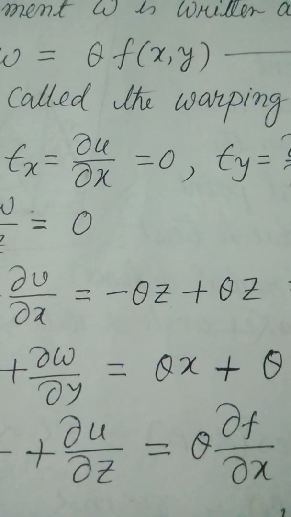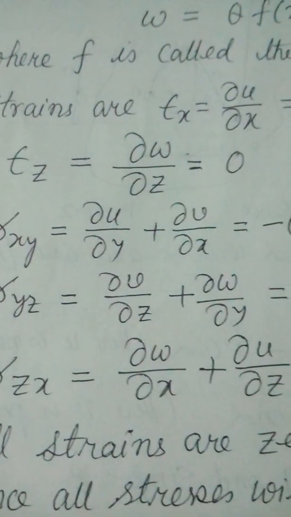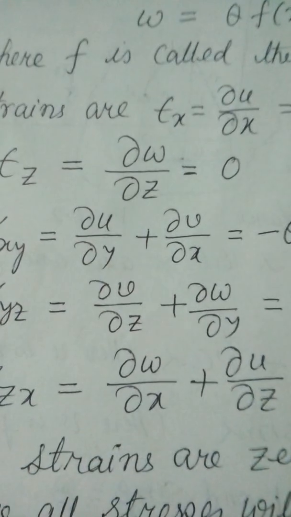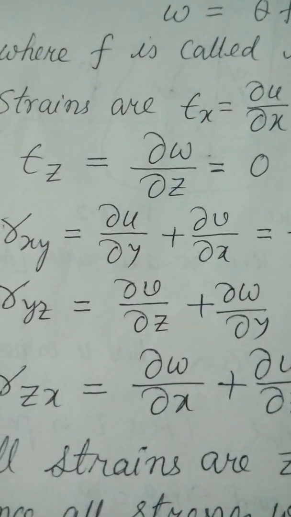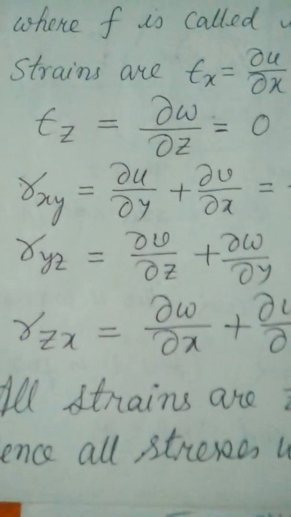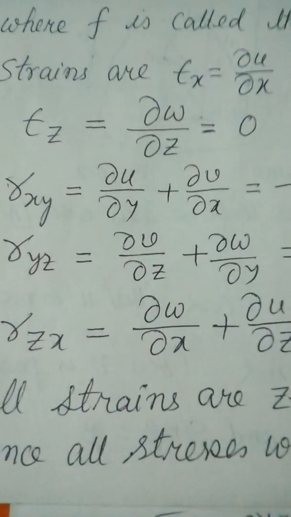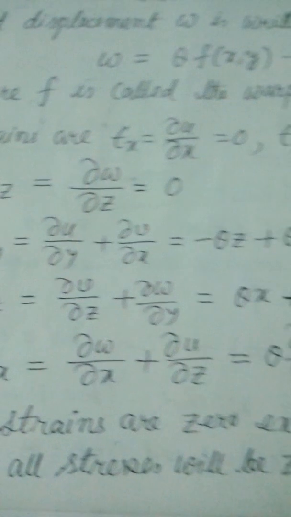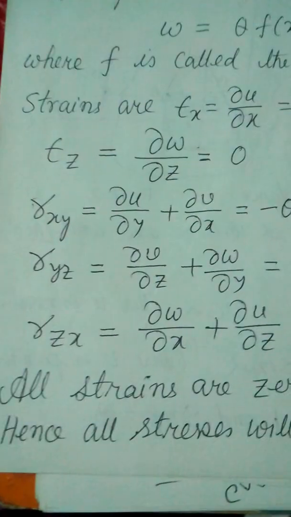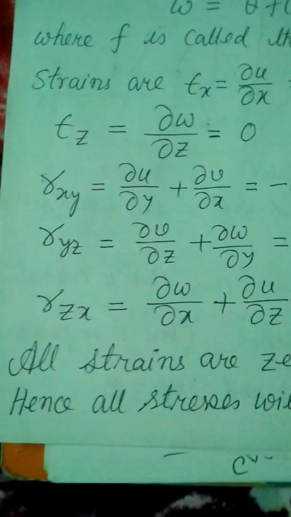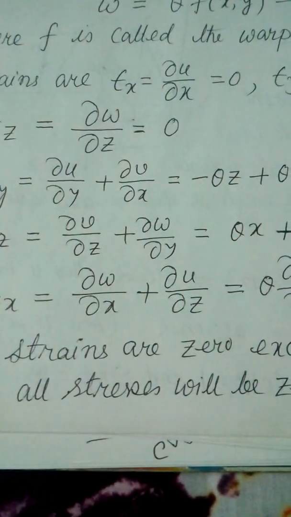So, do you understand gamma xy will be equal to this one? So it is also 0.